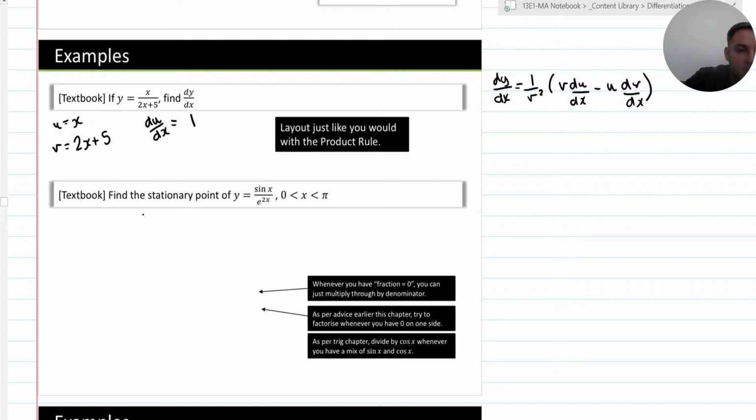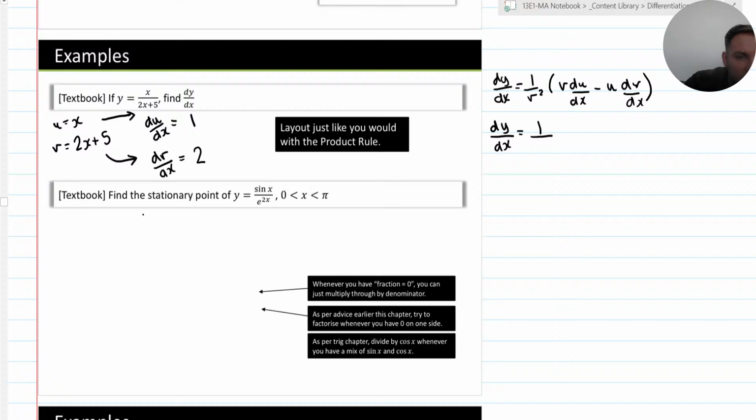And dv by dx, which we're also going to need, is equal to, if we differentiate this part here, which is the 2x plus 5, we're going to get 2. So u differentiates to 1, and 2x plus 5 differentiates to just 2.